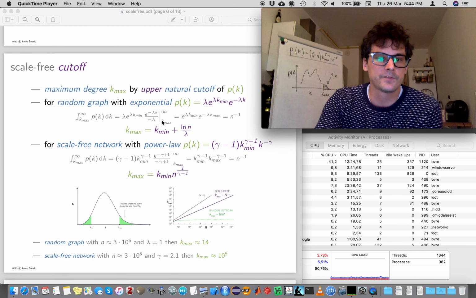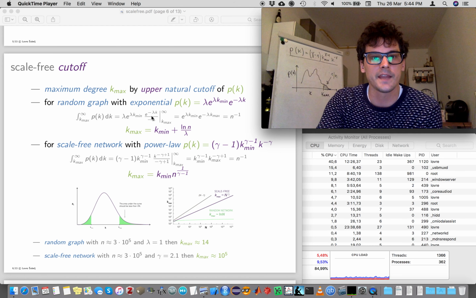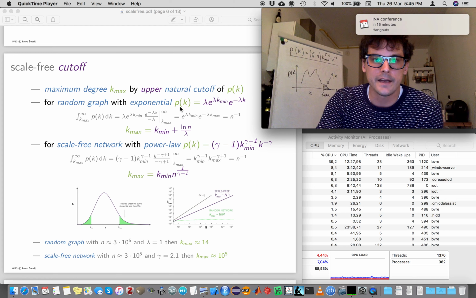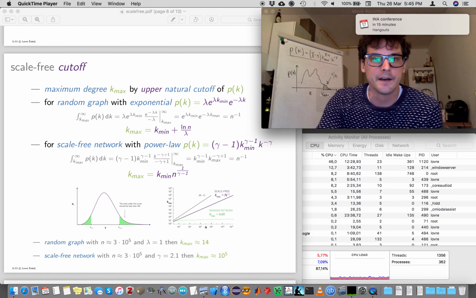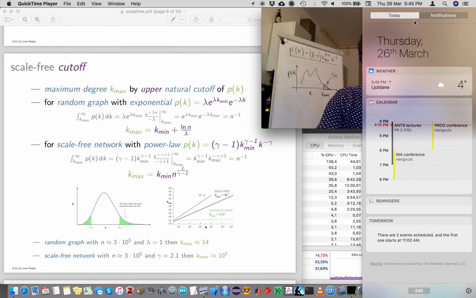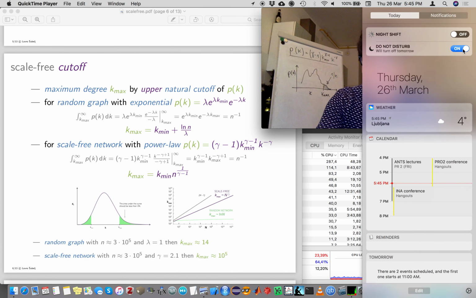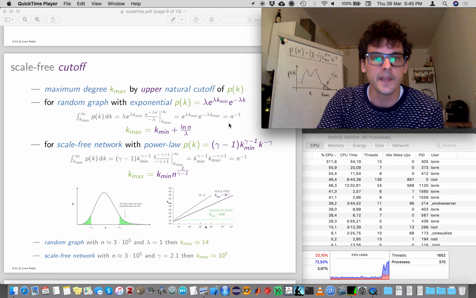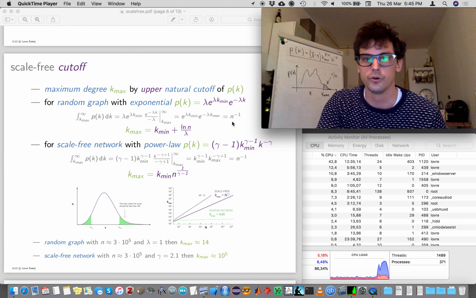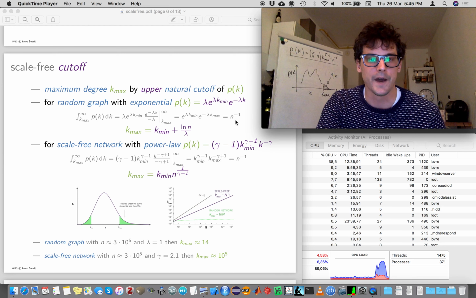So we only have to evaluate the indefinite integral at k sub max, and this is the final result that we get. So we said that this must be equal to n to the power of minus 1.